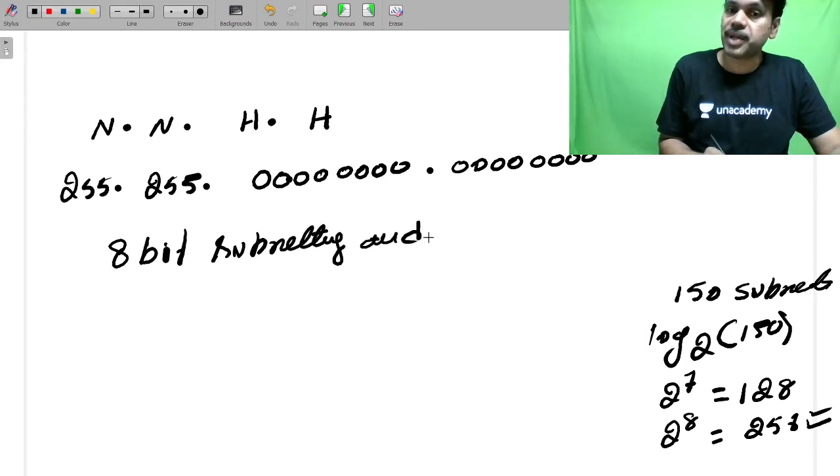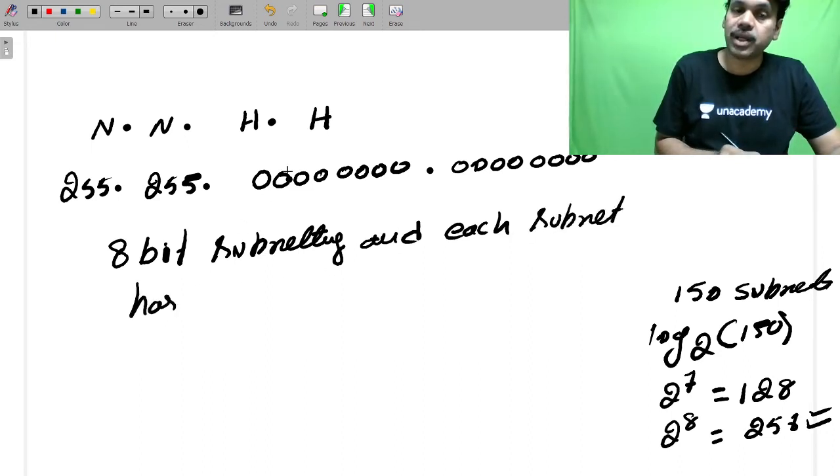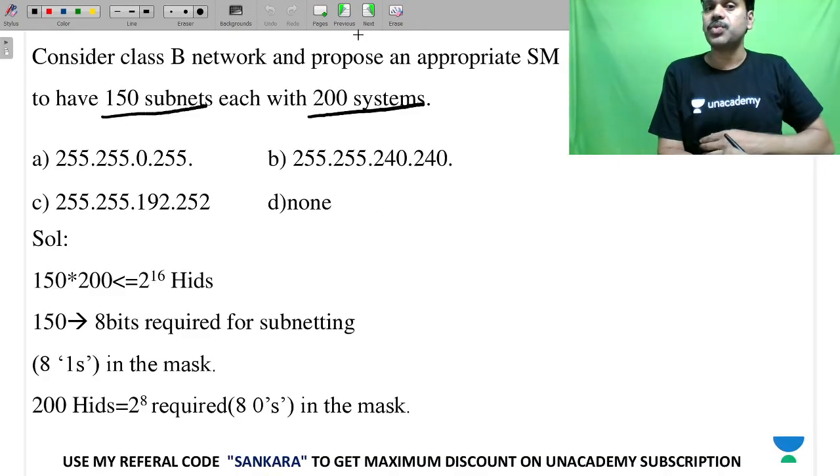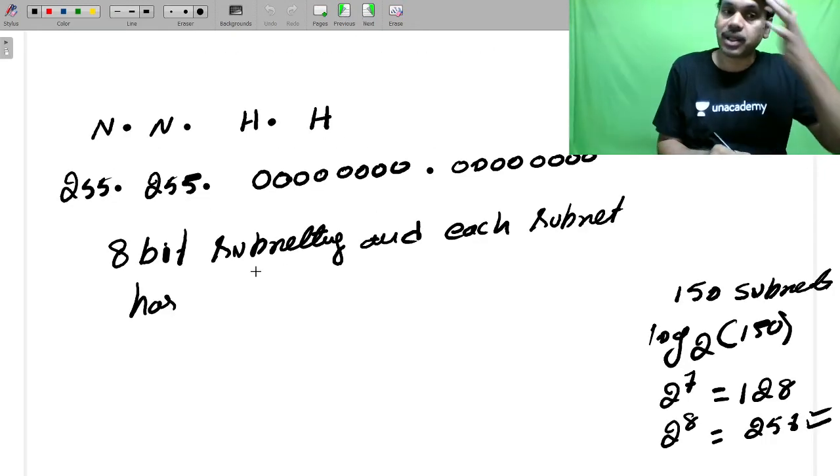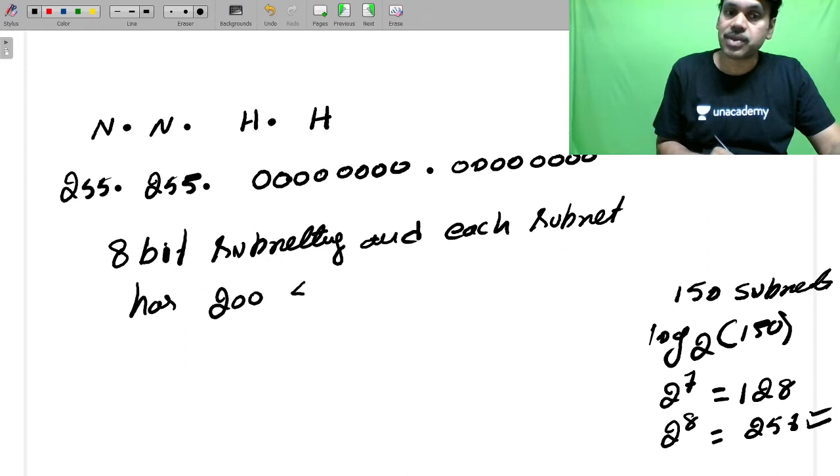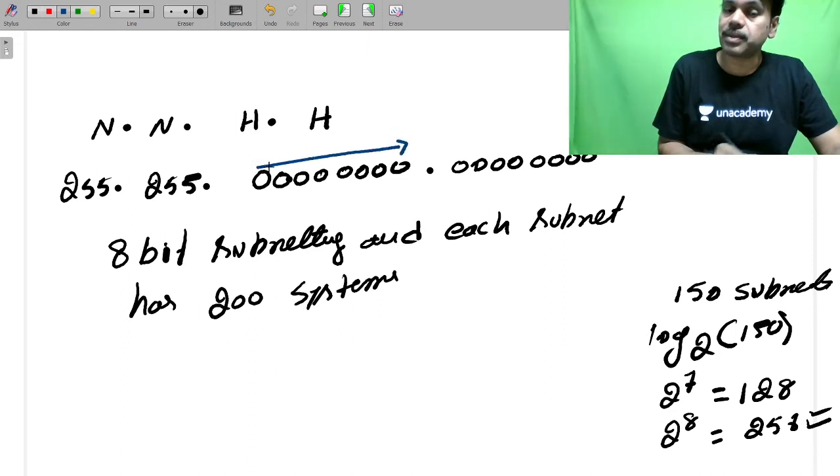And each subnet requires how many? So 150 subnets, and we need 200 systems. This complete octet I can use for subnetting.